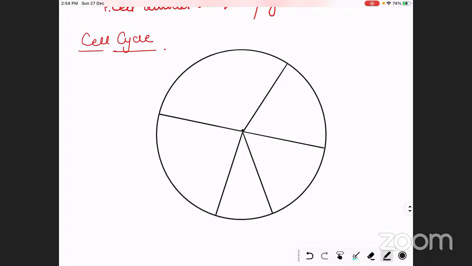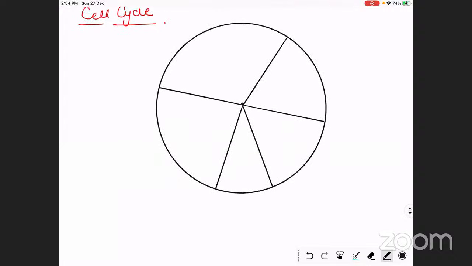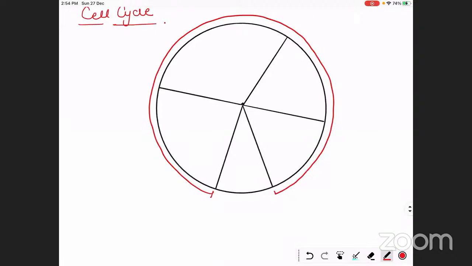Okay, so this is the cell cycle in which we have, up to this point, what is known as the interphase.